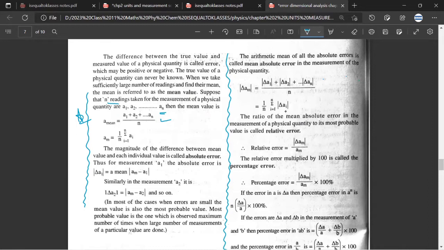You divide by 5. This is what you have done from class 7th or 8th onward. Any doubt in this part, Ms. Avantika? No. And usually students face a bit of difficulty while writing this. What this means is summation of readings, where the readings are going from 1 to n, and the whole of this is divided by the number of readings which were taken.